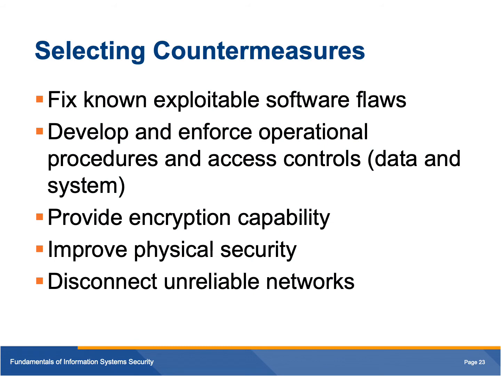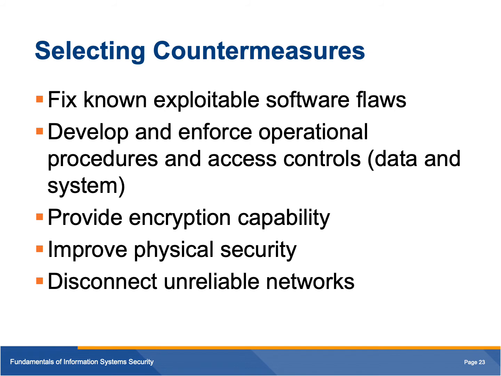So we're going to be selecting countermeasures, right? Once we've identified the risk, we've made some kind of decision of what are the risks that we want to mitigate. So what are we going to do? How are we going to fix the flaws, the vulnerabilities, to try to reduce the likelihood of a threat exploiting a vulnerability? So can we eliminate some of these?